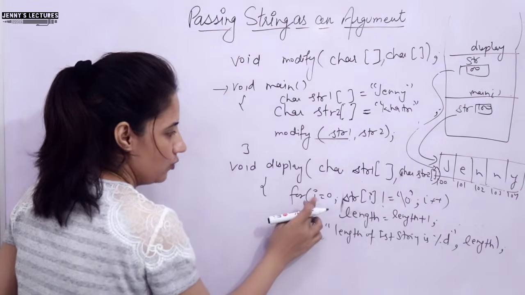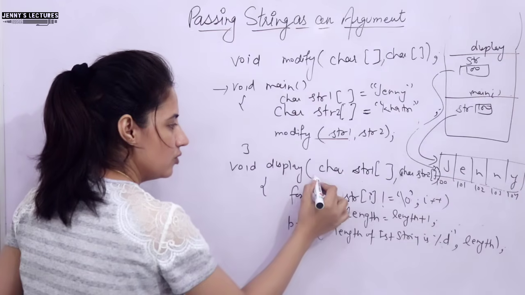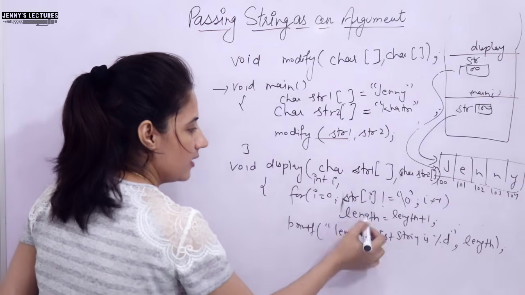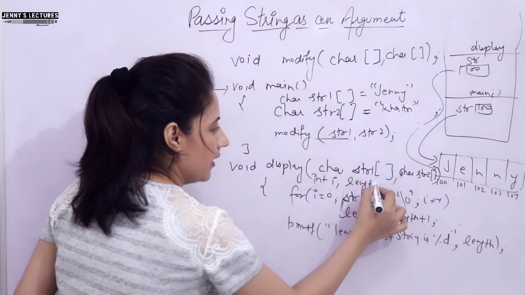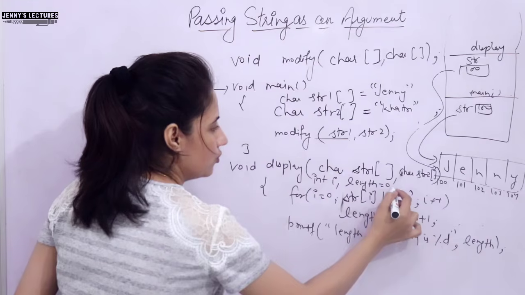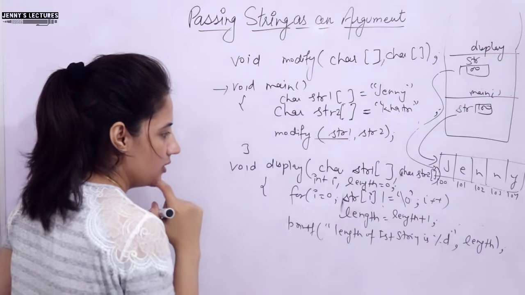So we are taking two variables here, i and length, so we have to declare int i and length in this function. Length is equal to 0; I will initialize this here.